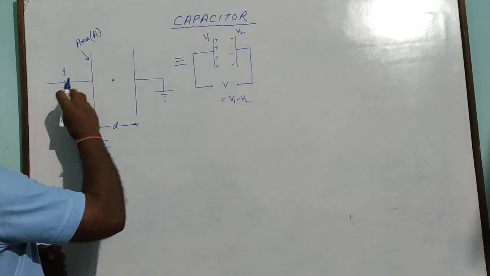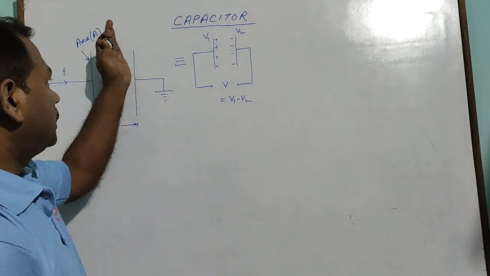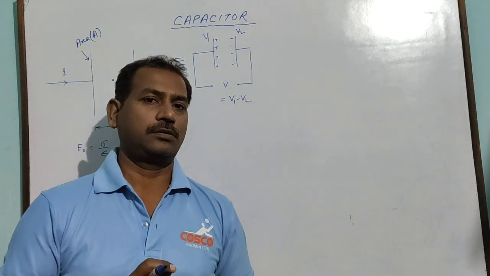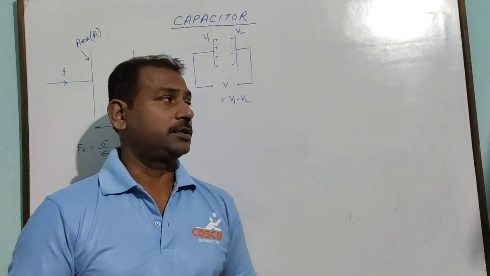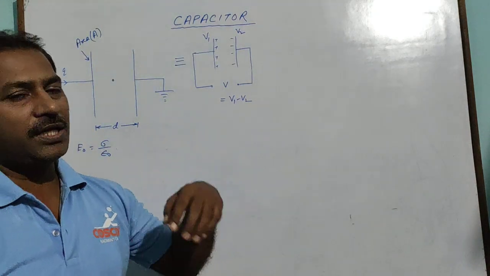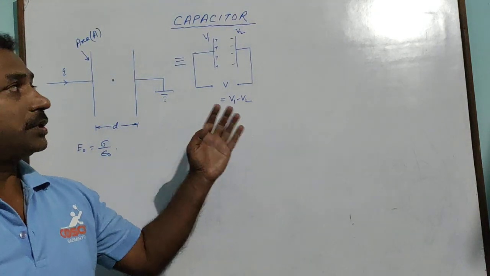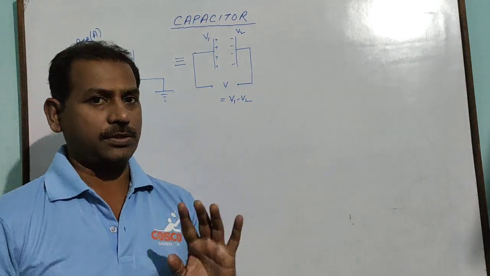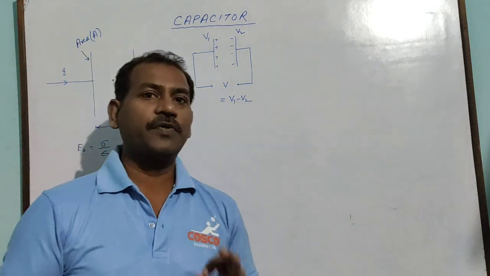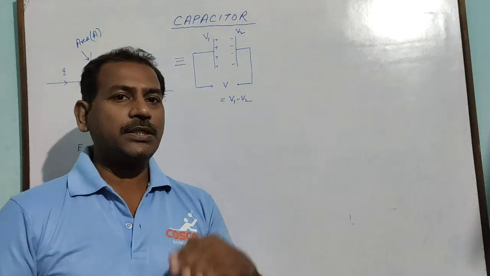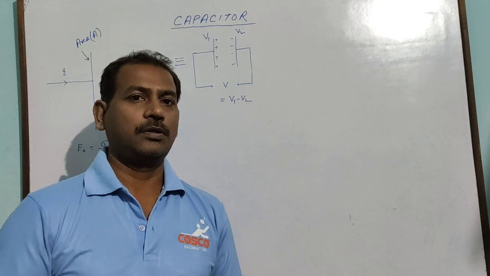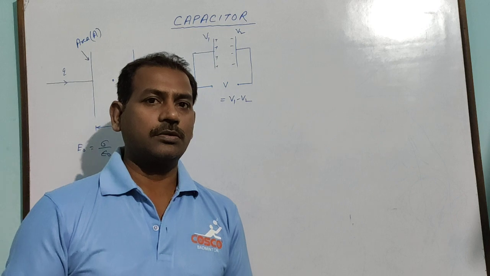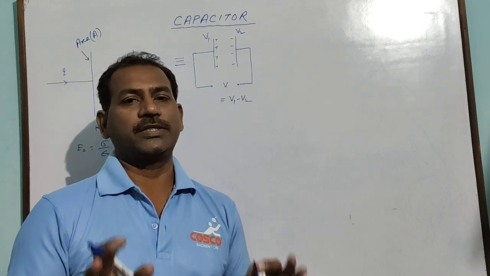If you are providing charge, the capacitor will store electrical energy. If the capacitor is storing electrical potential energy, then it must have some capacitance, known as electrical capacitance. How can you define it? The capacity of a capacitor to store electrical potential energy is known as electrical capacitance.